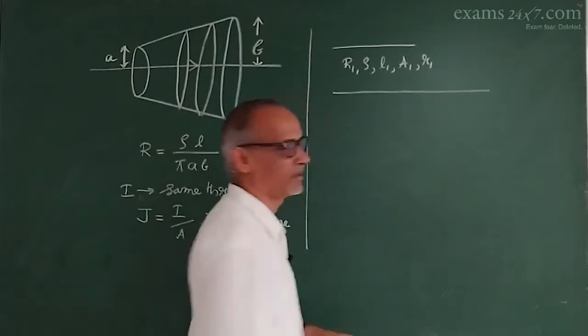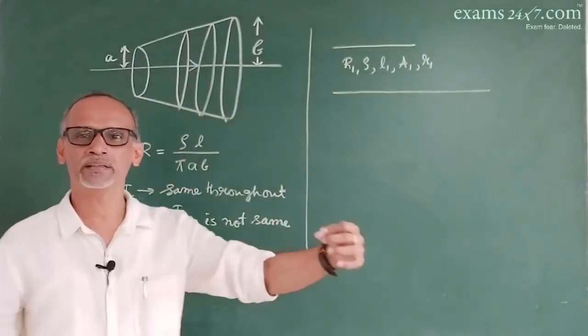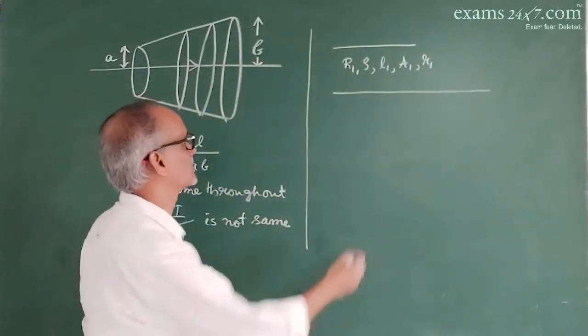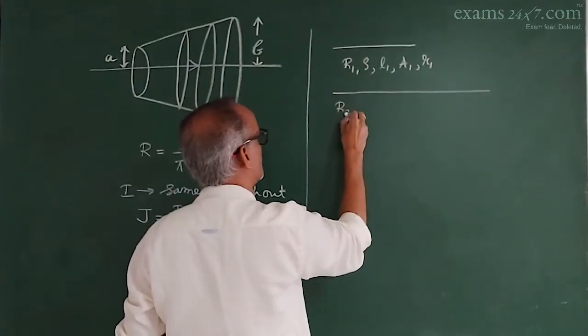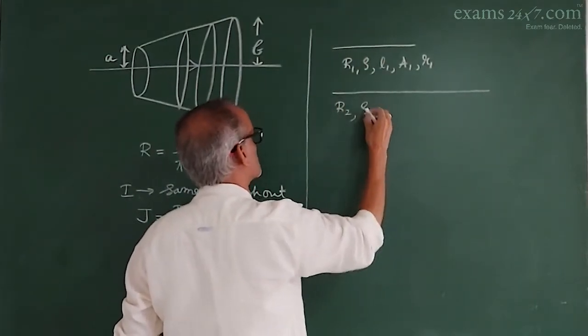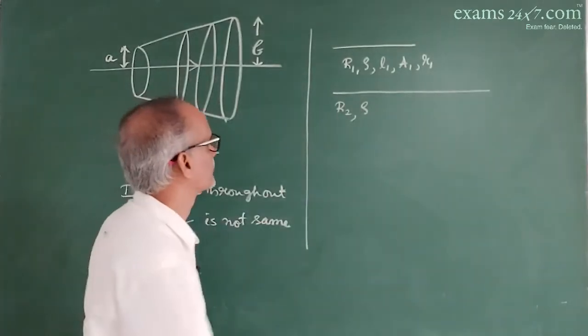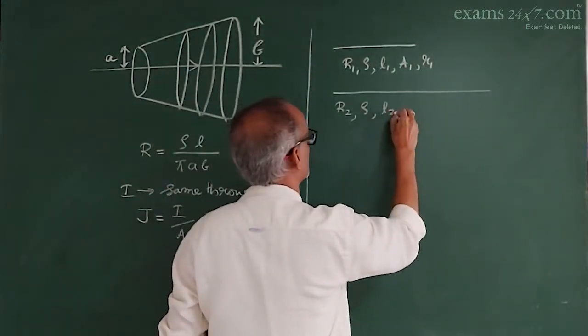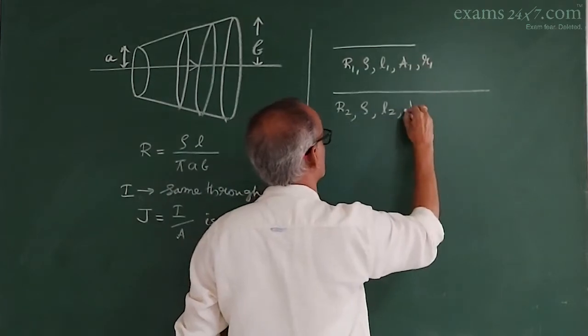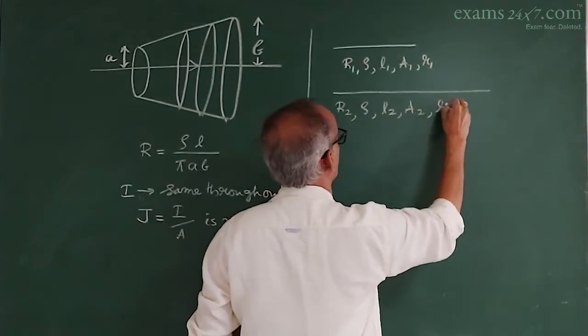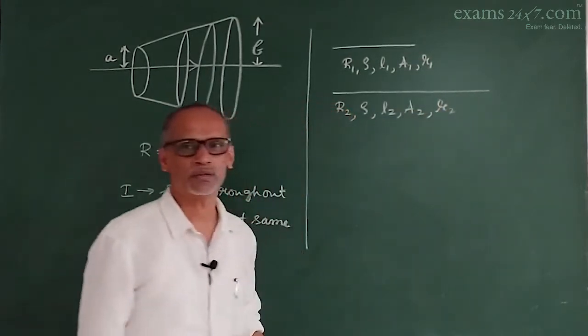When it's stretched, length increases, area of cross section decreases, and the resistance also changes to R2. But the resistivity of the material remains the same because it is independent of the dimensions. So the new length is L2, area of cross section is A2, and its radius is R2.